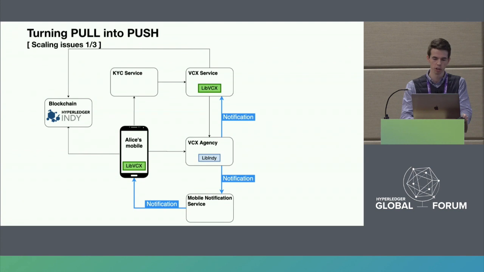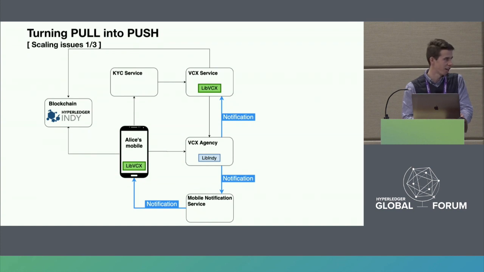On the opposite side of the connection, when we as an institution send a message to someone, maybe issuing a credential, this message is sent to the recipient's agent, and the agent dispatches a notification to another special service, the mobile notification service, which converts it into a push notification.